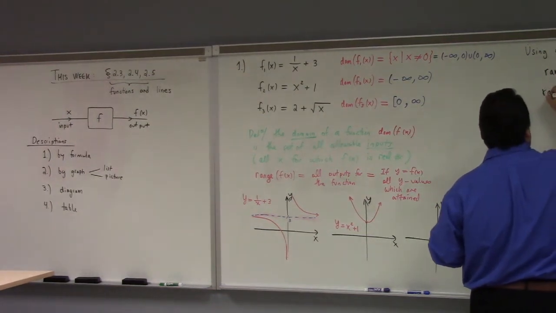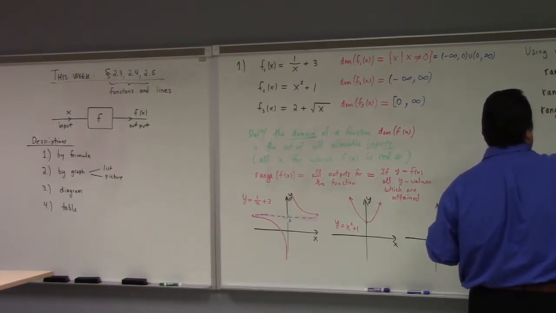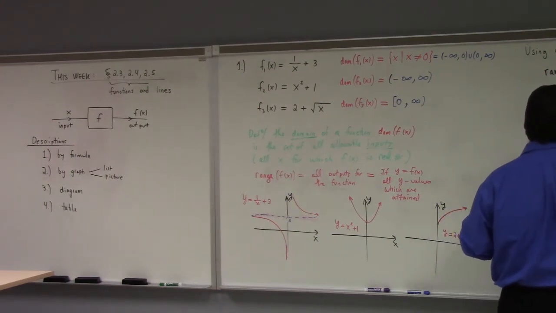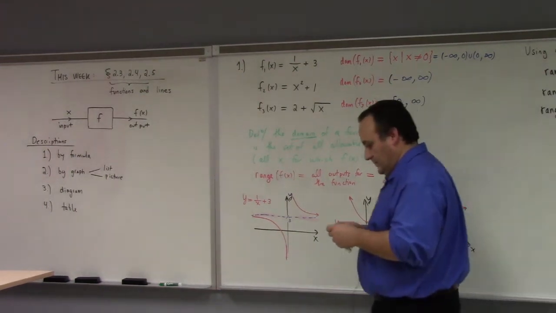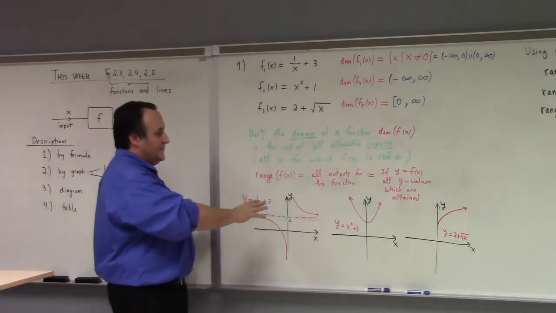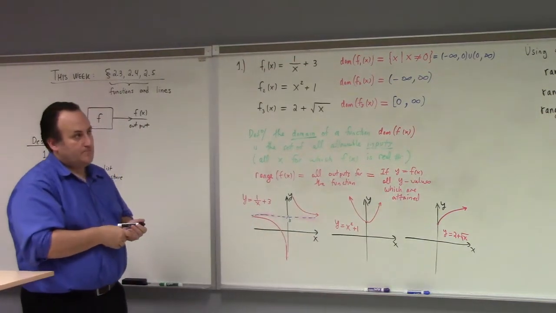The range of f2 of x equals what? The range of f3 of x, what is that? So help me fill in the blanks here. So again, the range are possible y values of the graph, possible outputs, right?